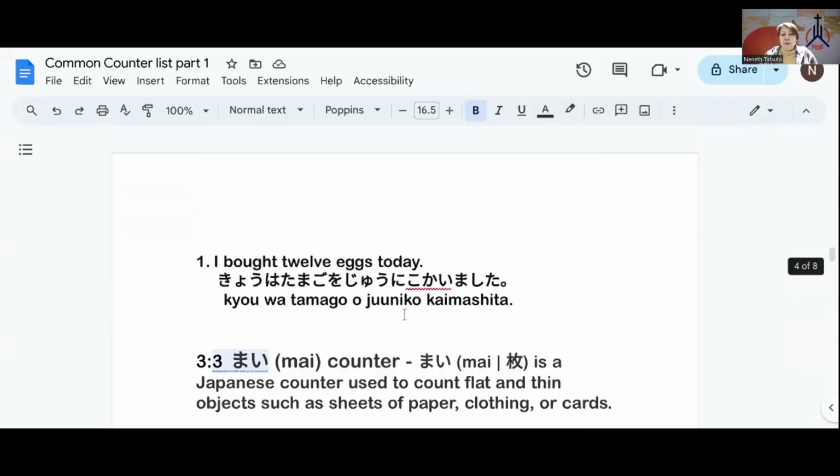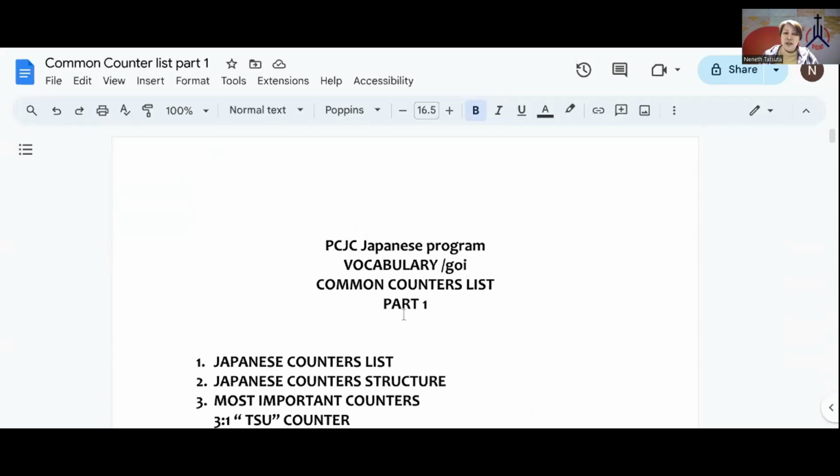So, better remember all this for preparation for our review for our exam. Okay. So now you know how to respond. For example, how many pieces, and then you will respond.